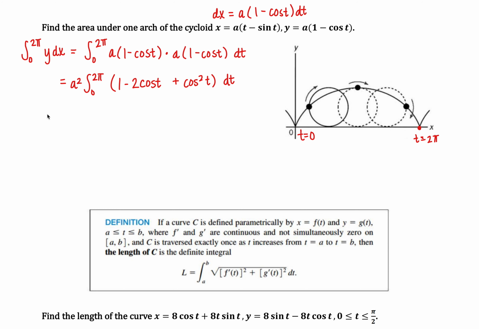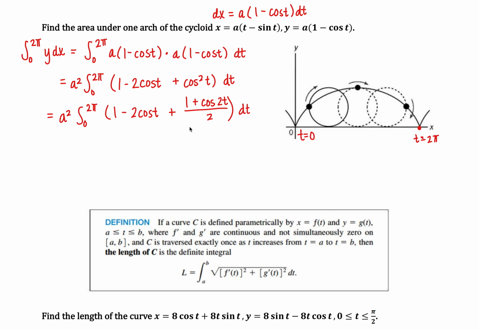Now the first two terms here are ready to go. We can integrate them as is, but that third term, I'm going to rewrite it using a trig identity. Cosine squared is the same thing as 1 plus cosine of 2t over 2. So what I'm going to do is break this into two separate terms.